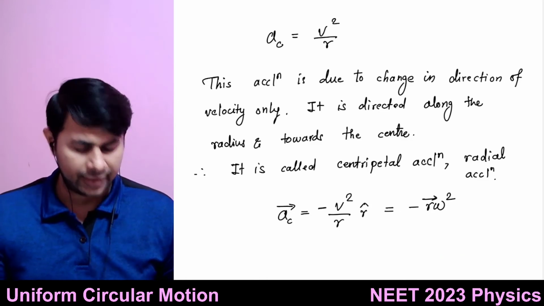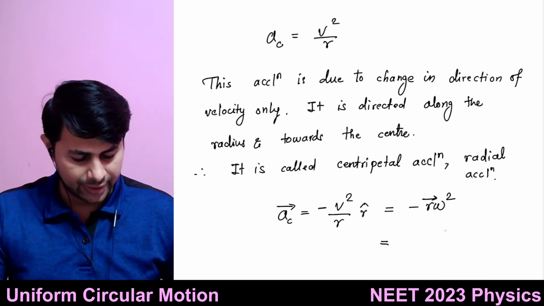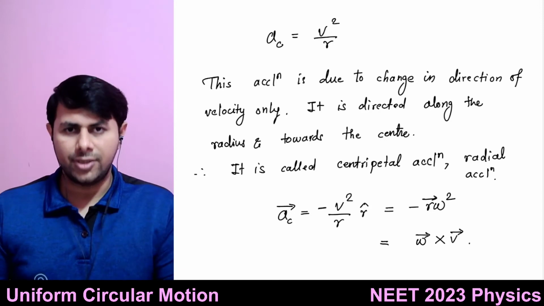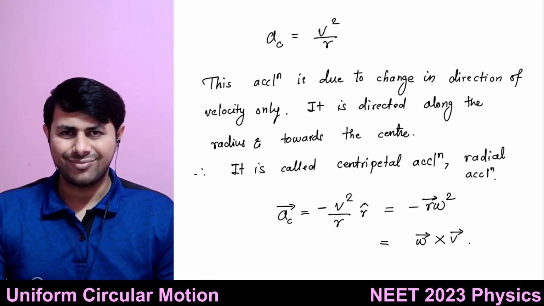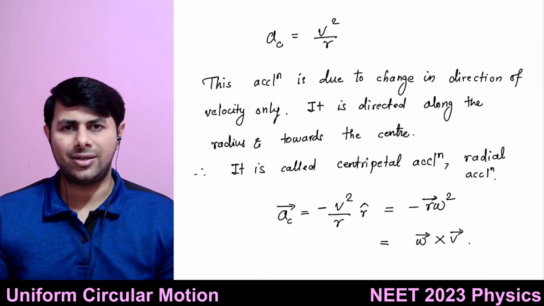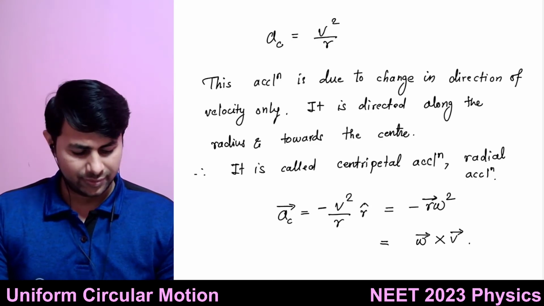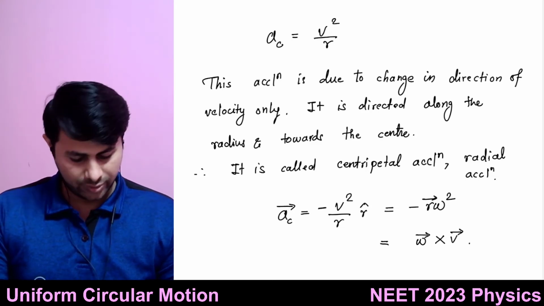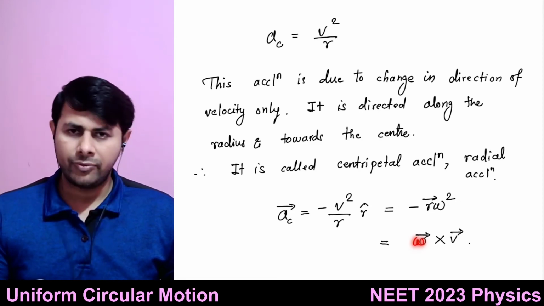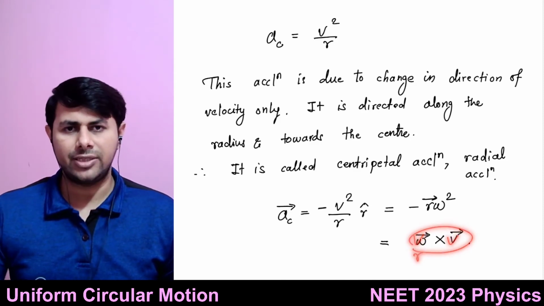Okay, and there is yet another formula, but I will just write it right now. It is omega bar cross v bar. This one we cannot see right now. This we will understand when we know about the cross product of two vectors. See, we can talk about the magnitude. Omega is equal to what? V upon r. So magnitude of this one will be v upon r multiplied by v, which is v square upon r.